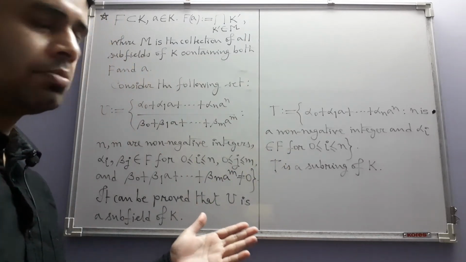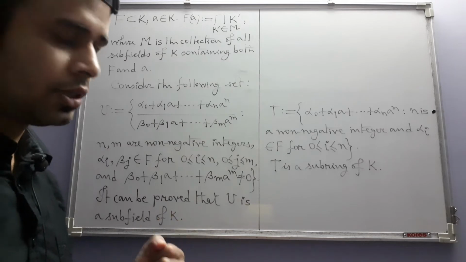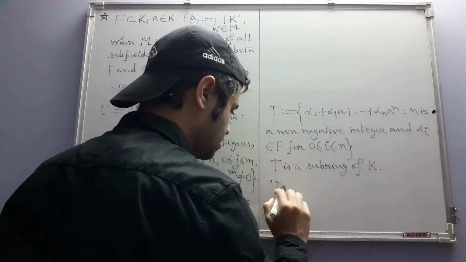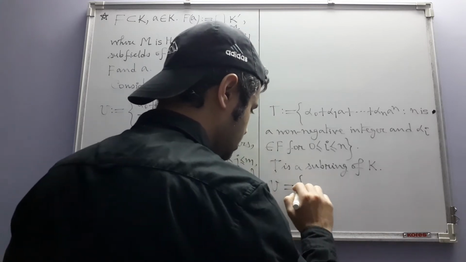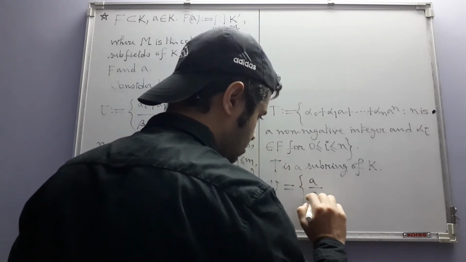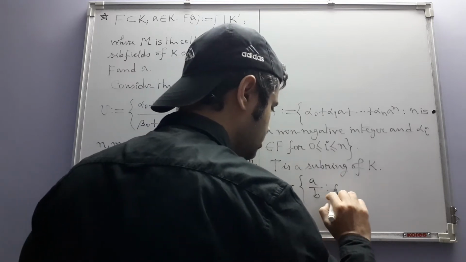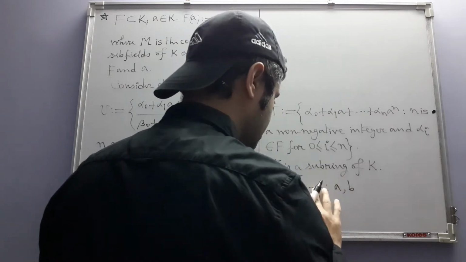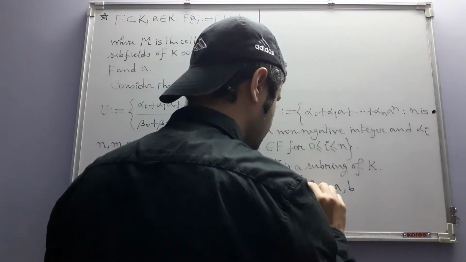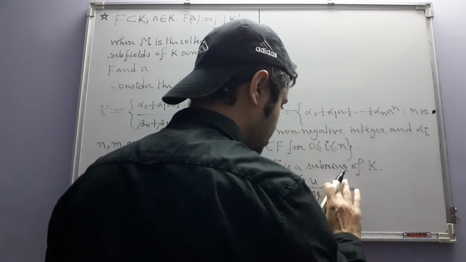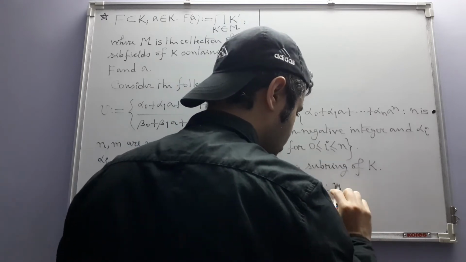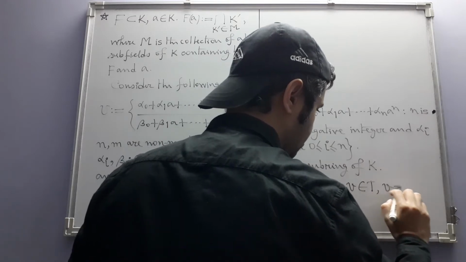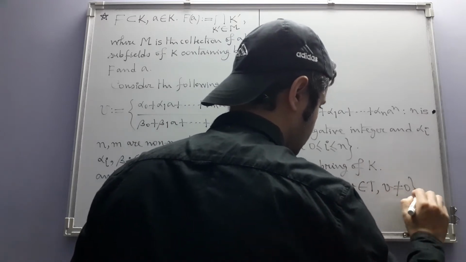Once you prove that T is a subring of K, next you observe this, that U is nothing but quotients of, oh, we cannot use U because U is our special set, so say P by Q, where P and Q are in T and Q is not equal to 0.